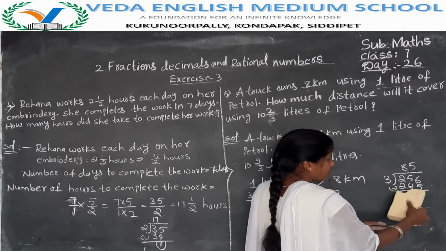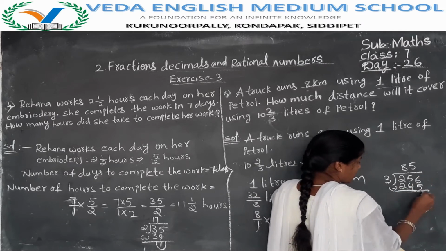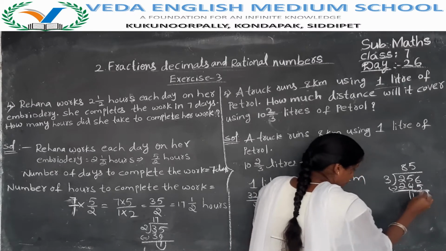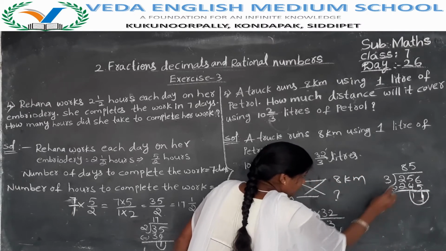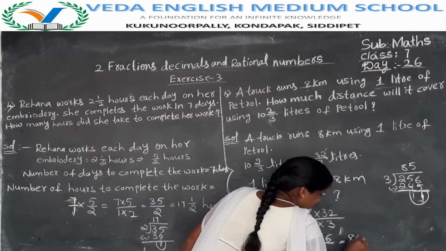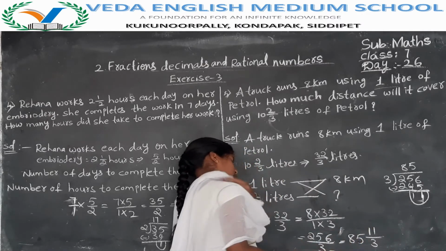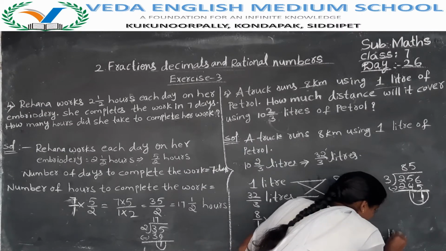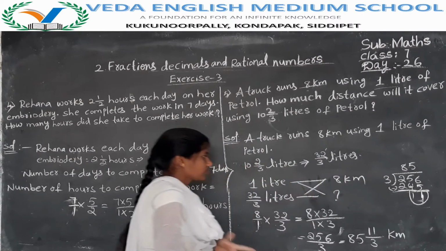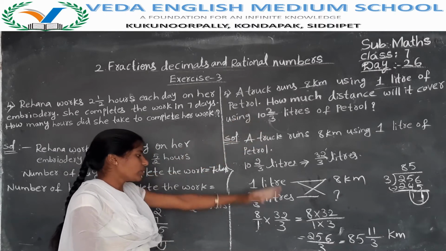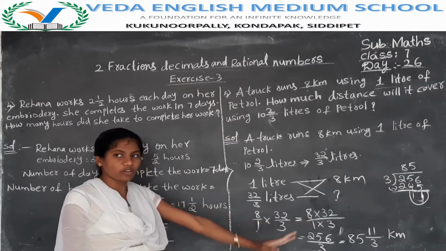Directly take it in one step. Now 6 minus 5 is 1. 5 minus 4 is 1. Now right here it is 85 into 11 by 3 kilometers. By using 10 into 2 by 3 liters of petrol, the truck will go 85 into 11 by 3 kilometers.